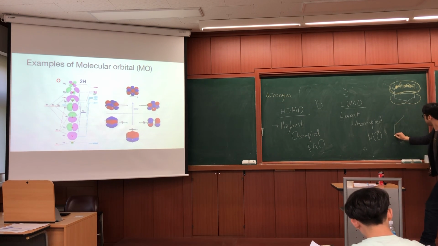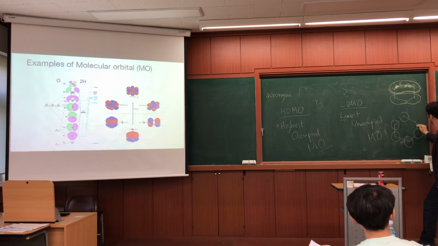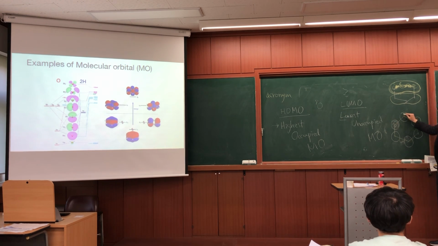But at the highest energy orbital, in this case, the electron clouds are all separated, right? Electrons are just placed next to the carbon nucleus. So it doesn't help to make covalent bonds. Electrons should be in between the nuclei so that you can attract to the nucleus, right?